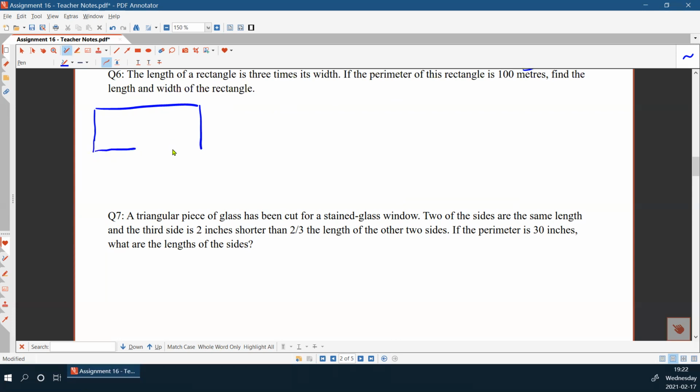Here we have a rectangle, and we know that the length is 3 times its width. So we can use a letter W to denote its width. And the length is 3W, right?